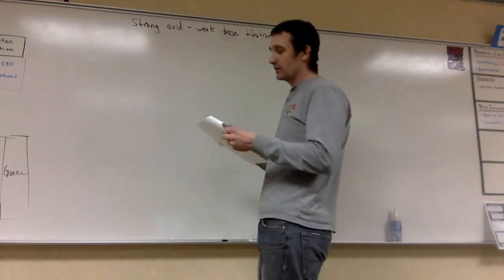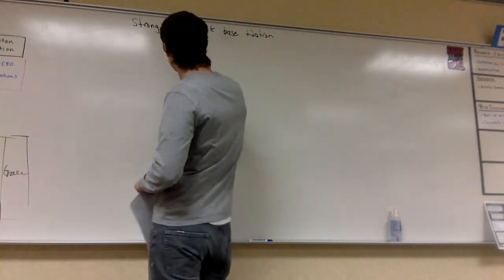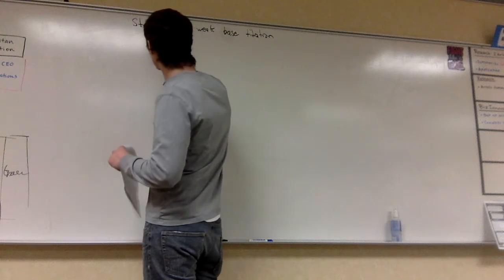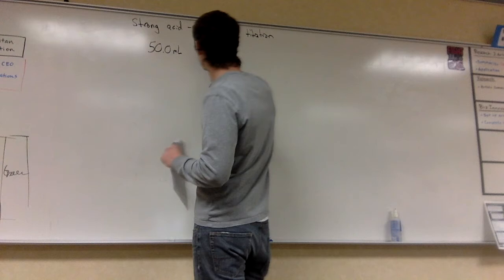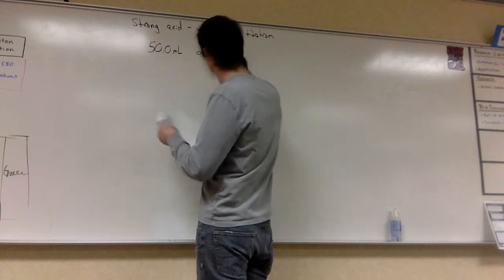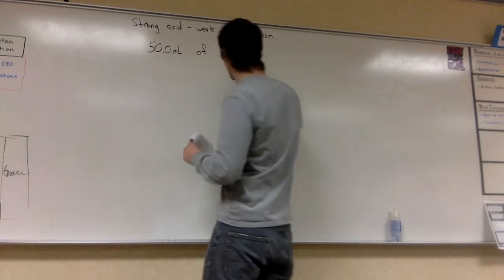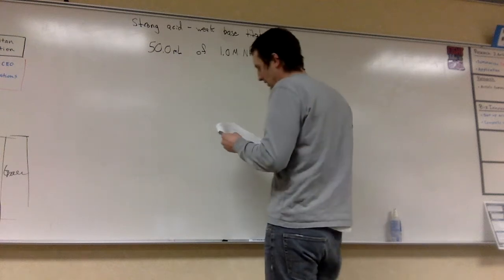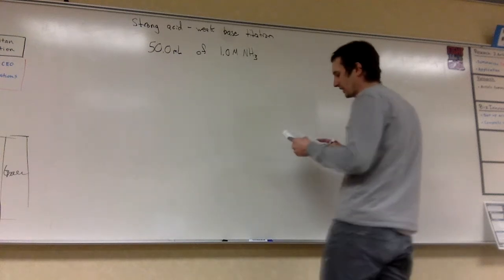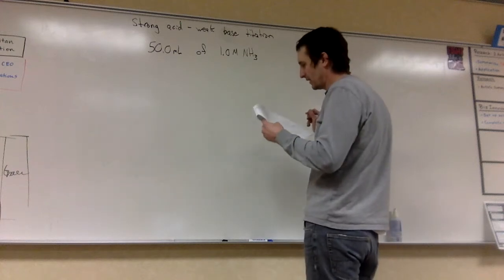So the first thing, you're given this information that we are titrating 50 milliliters of 1 molar ammonia, that's NH3, and you're given the Kb value there. We'll note that for later.